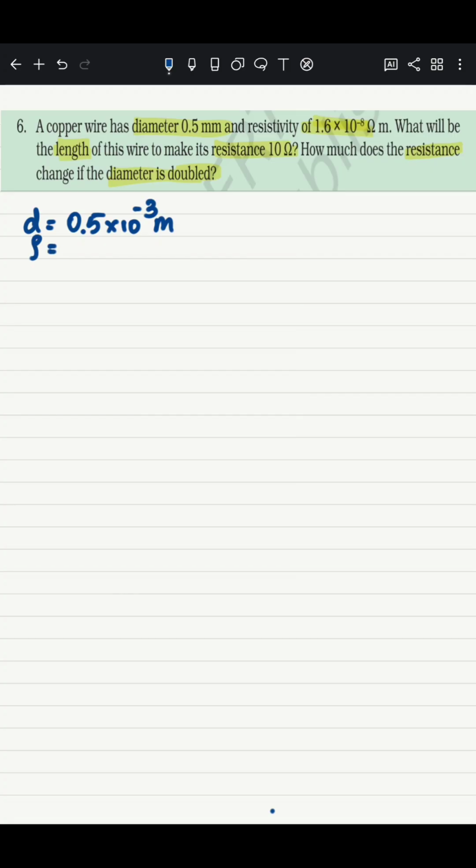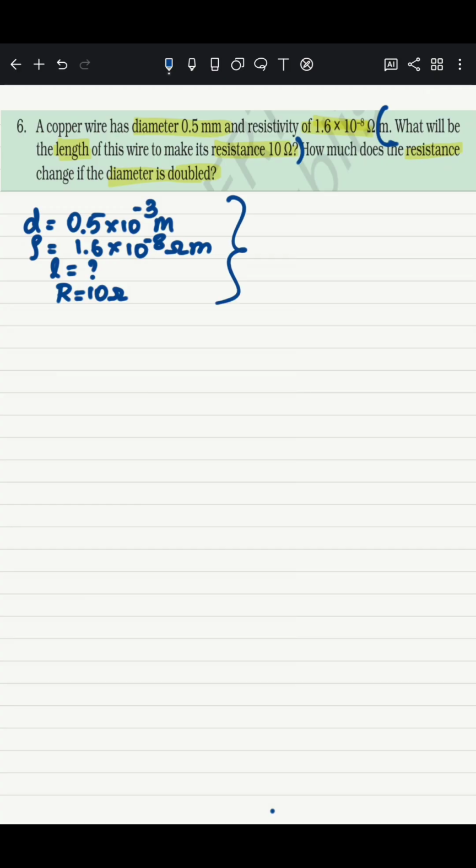Resistivity is denoted by the symbol rho, 1.6 into 10 power minus 8 ohm meter. Now they are asking us to find out the length. L is equal to question mark, and the resistance which they have given is 10 ohms. First we shall solve this part of the question. So this is the given data.